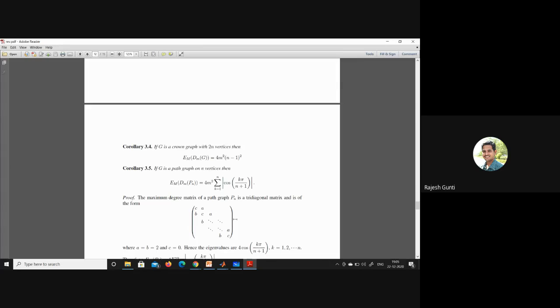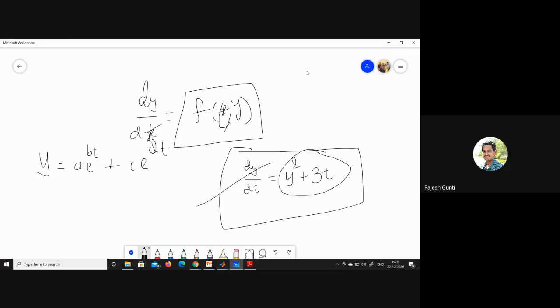For a given 10 by 10, suppose it is an n by n matrix, 100 by 100 matrix, I need a tridiagonal. Tridiagonal matrix means like this. Suppose the diagonal is 1, 1, 1, all ones.